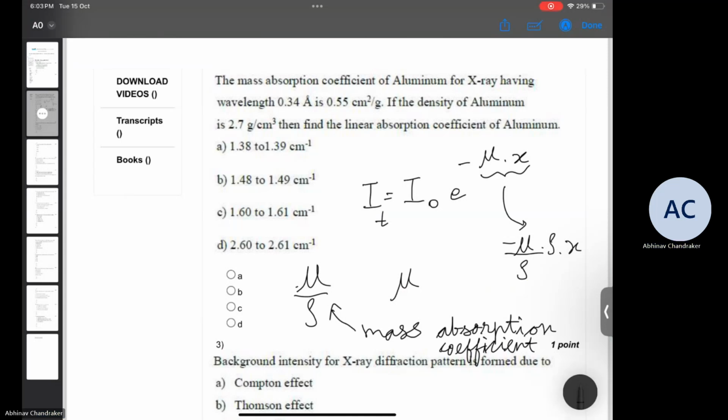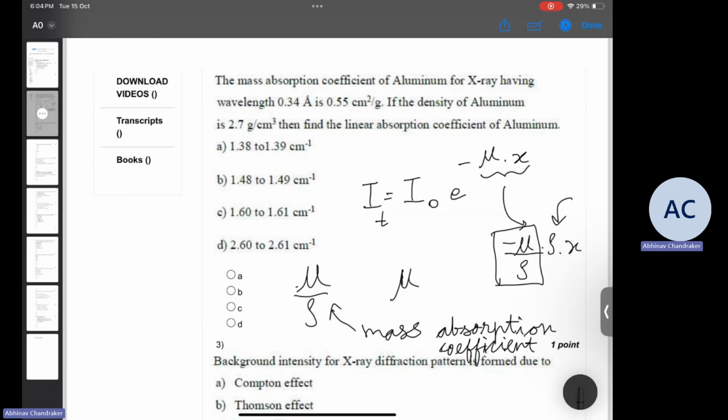So in this equation, since mu by rho is constant, the higher the density, the more the absorption will be, and therefore mu will increase. So the higher the density, the more the absorption.